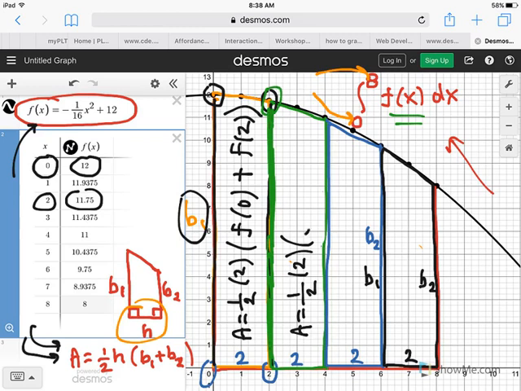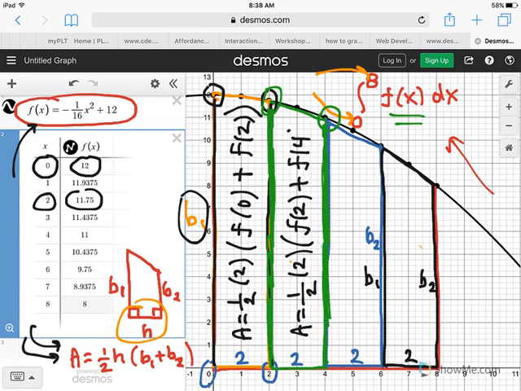So I'm going to write f of 2, and we know what f of 2 is. It's just the function f evaluated at the input 2, which is 11.75, plus the length of base 2, which would be the green segment that I'm highlighting now, which would simply be f of 4.